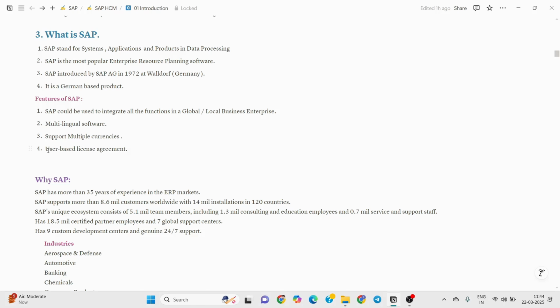SAP also has a user-based license agreement, meaning a user and password are always required to log in to SAP. So in SAP the privacy of a company and its employees is maintained. That's why SAP is the most popular ERP in the market.